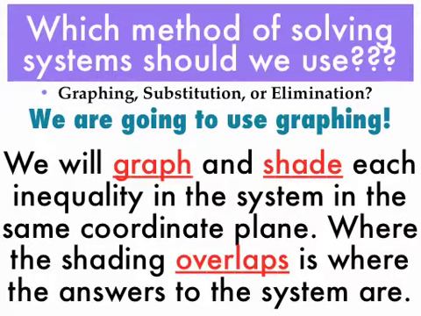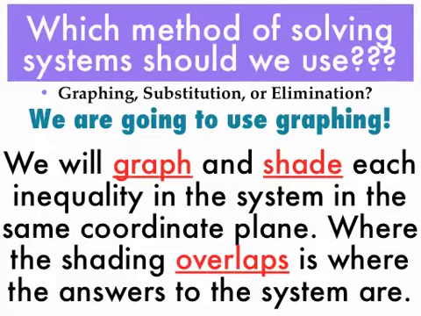Wherever the shading overlaps the other one, that is where our answer is. My suggestion would be to, first of all, shade fairly lightly. Secondly, if you have colored pencils, choose two different colors, so that you can tell really where those shadings are overlapping.